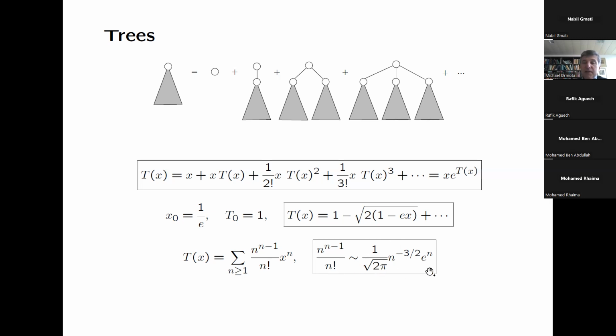And if you expand it with the help of Stirling's formula, you get a constant times n to minus 3 over 2 times e to the n. And this looks very similar to the formulas from before, where we had n to minus 5 over 2. And clearly this kind of asymptotics directly relates to this square root singularity.